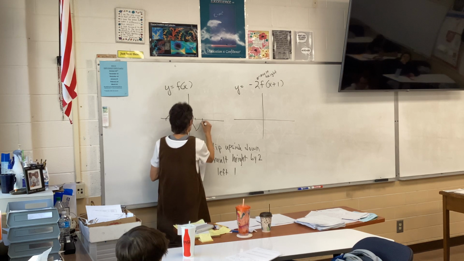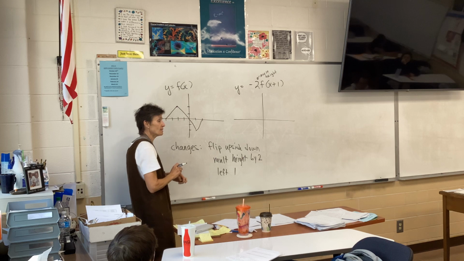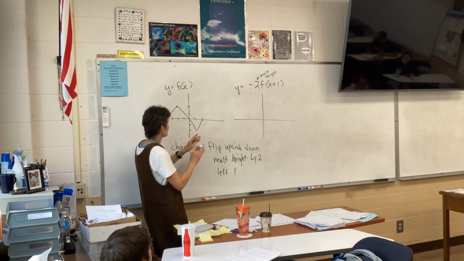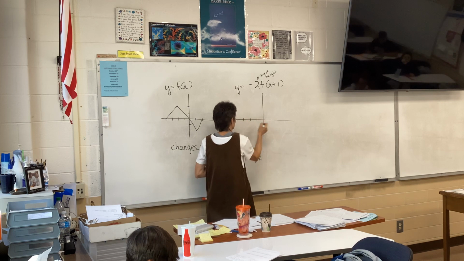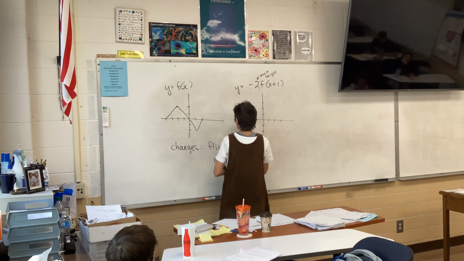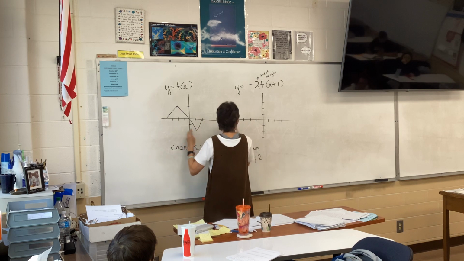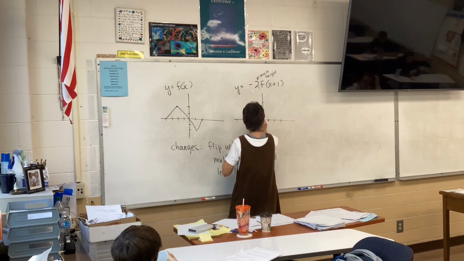All right, so there's the original picture. Okay, so I'm gonna start by taking everything to the left 1. Okay, so I'm gonna just pick the whole thing up and move it 1 unit to the left.